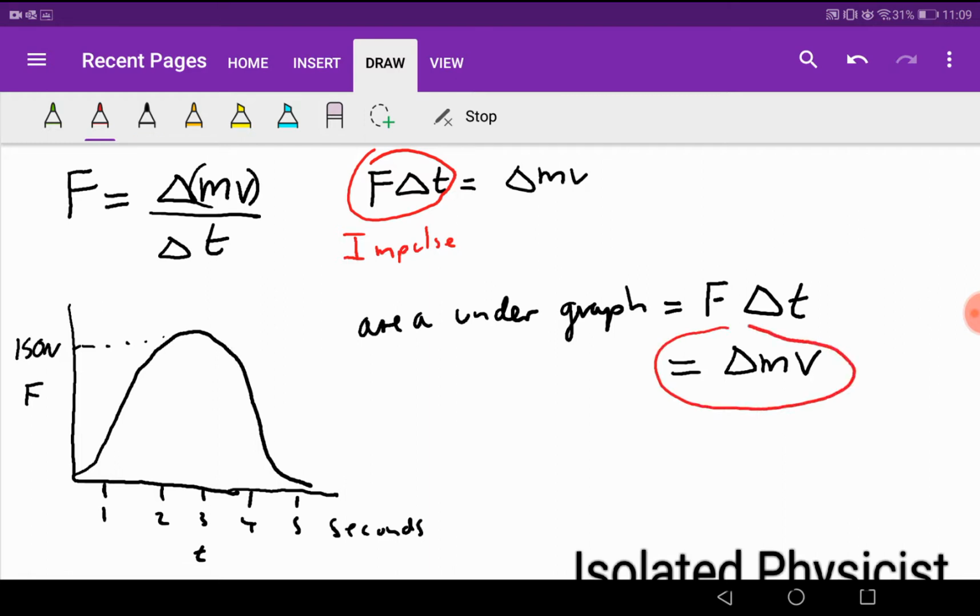So that's a nice way of getting change in momentum. Now, if you see one of these graphs in the exam, they might be on squared paper, and you might have to estimate what that area is.